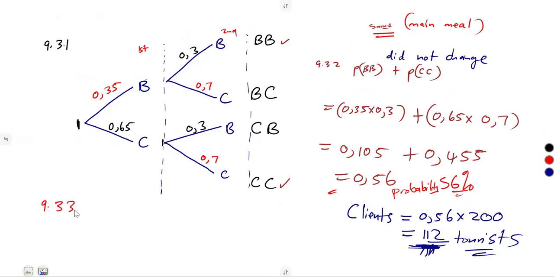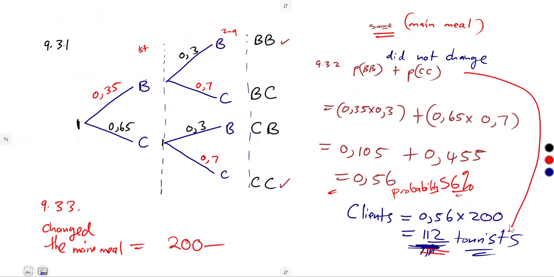The number who changed their main meal is 200 minus those who did not change, 112.